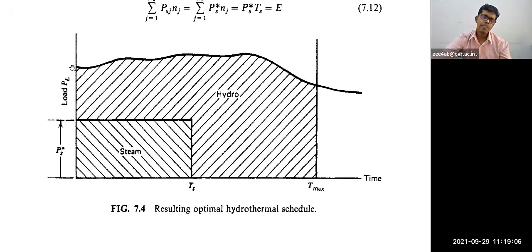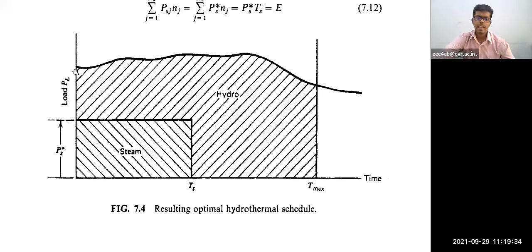This is the total demand, or total load, PL. In this schedule we are utilizing less power generation from the steam power. This is the resulting optimal hydrothermal schedule. This axis is the time axis and this axis is the power generation axis.